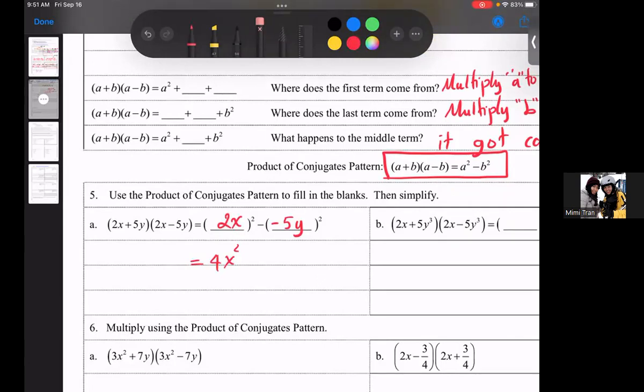Let me ask you. Minus, right? Because negative 5 in parentheses. Remember, you distribute the square. Negative 5 squared is positive 25. Yeah, you have to do the power first.